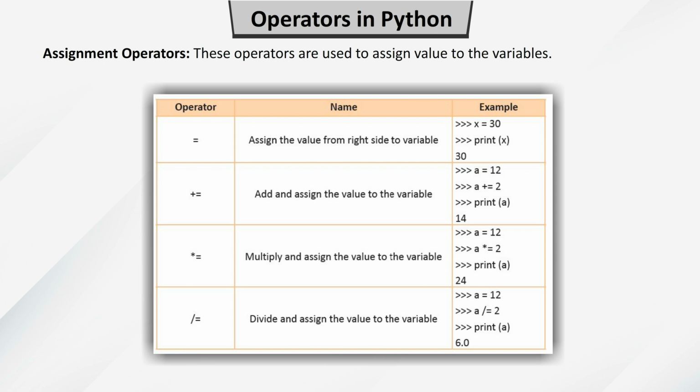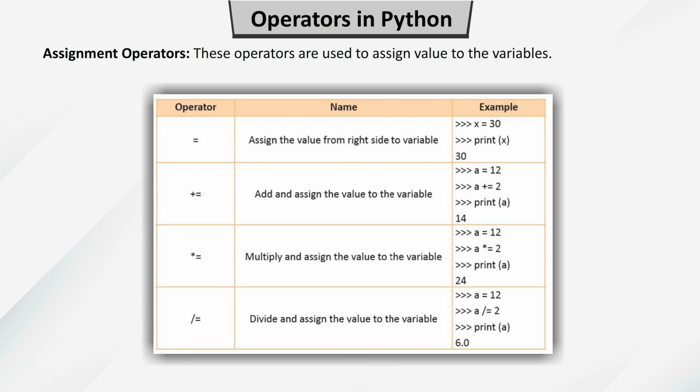a = 12, a += 2, print a gives 14. Star equal to multiplies and assigns the value to the variable. a = 12, a *= 2, print a gives 24.